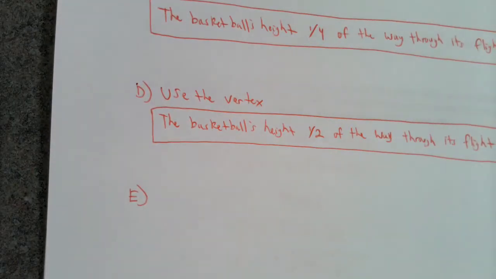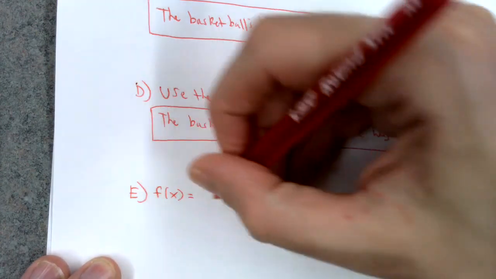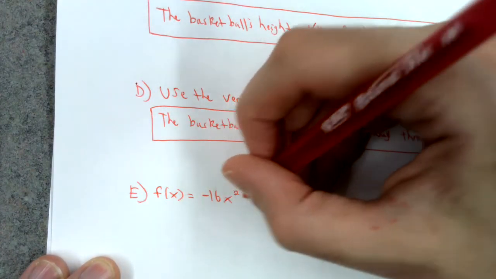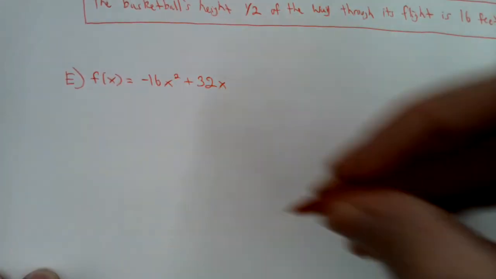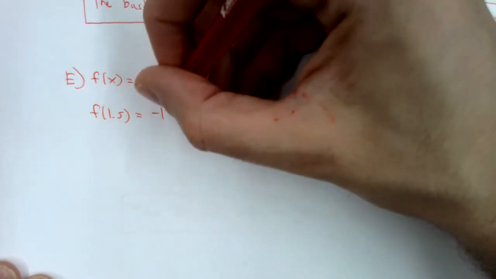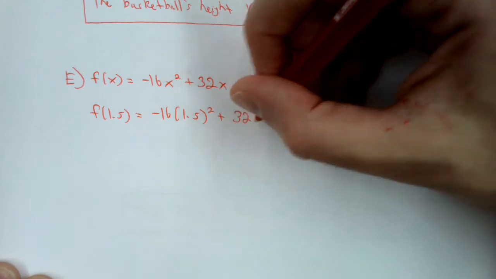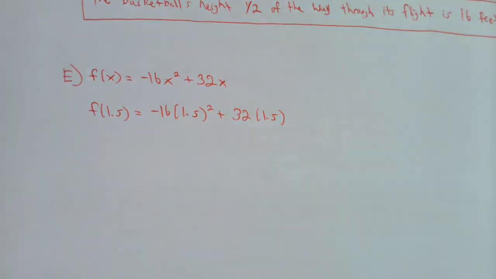So let me, again, just recopy the formula for this problem. And this time I'm using 1.5 seconds for x. And I told you before, I'm expecting it to be the same answer as part C. So let's see if it is, okay?